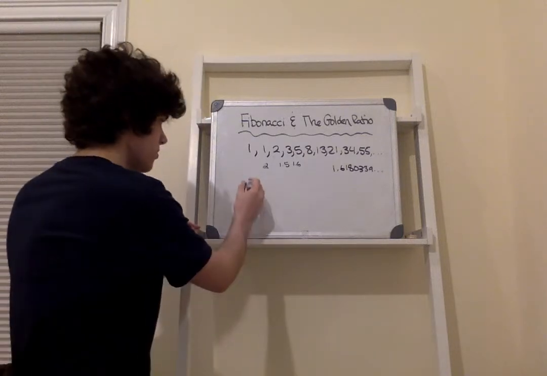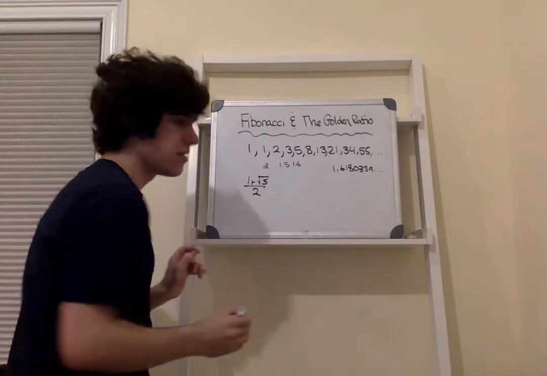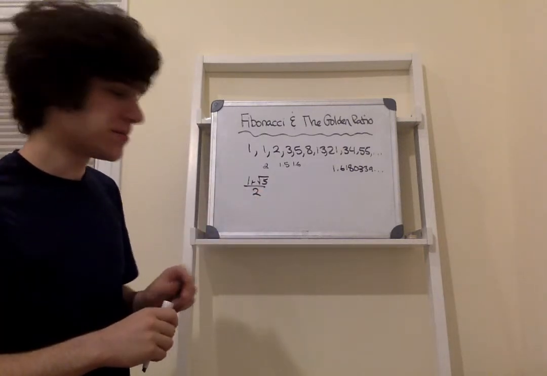Well, it is equal to (1 plus the square root of 5) over 2. This is known as the golden ratio, and it is very important.